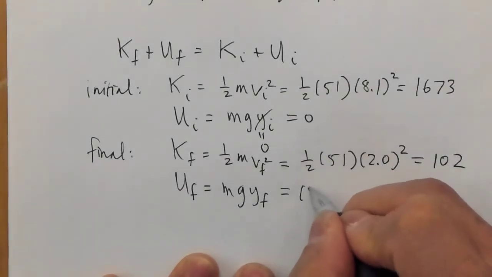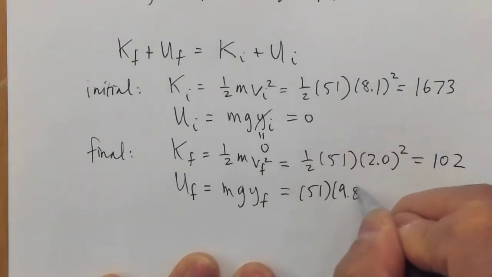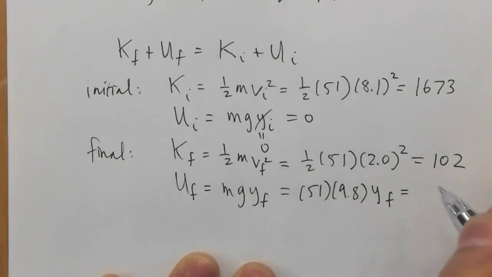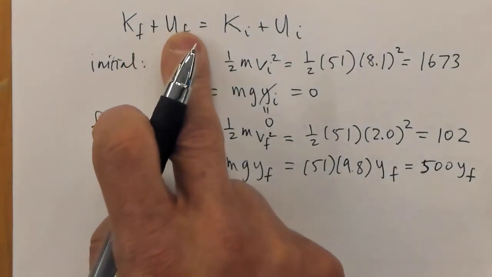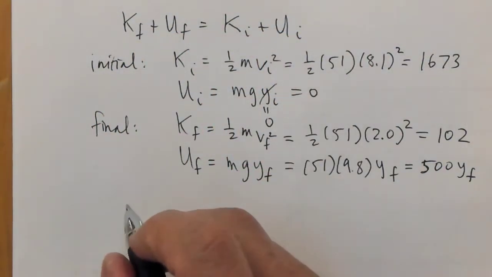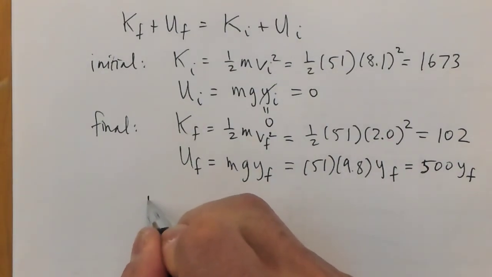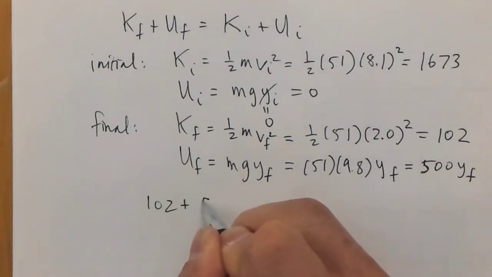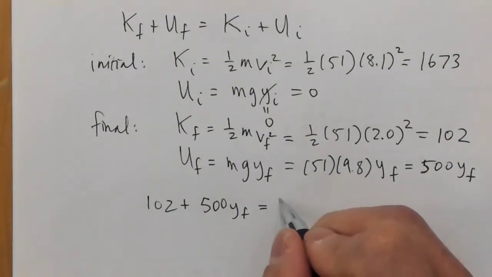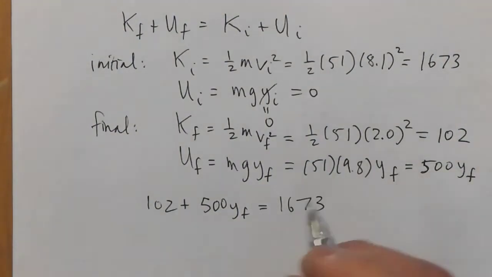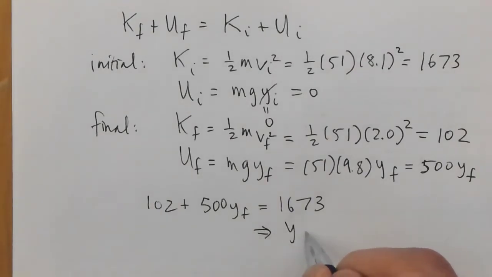So we have 51 for the mass, 9.8 for g, and then y final, and that comes out to about 500 y final. Now K final plus U final equals K initial plus U initial, so we have 102 plus 500 y final is equal to 1,673. Then we can solve for y final, and it comes out to about 3.14 meters.